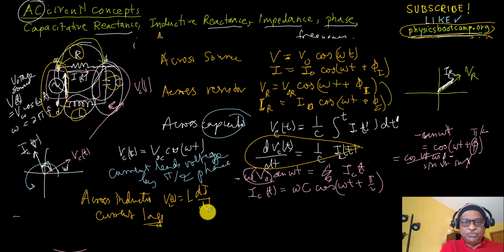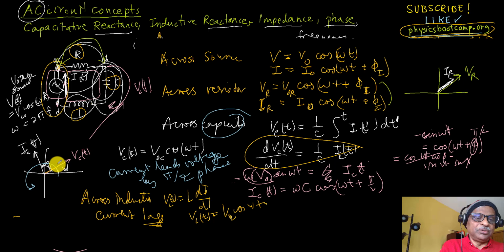So if VL of t is equal to some V0L cosine omega t, in this diagram, say you did it this way, VL of t, then you are going to find that IL of t will go exactly in the opposite direction.